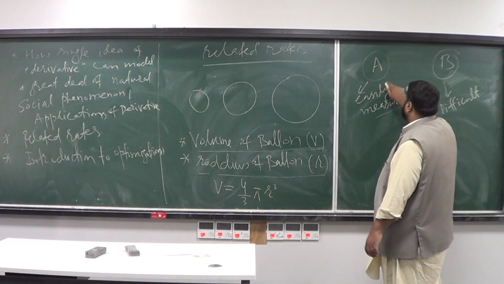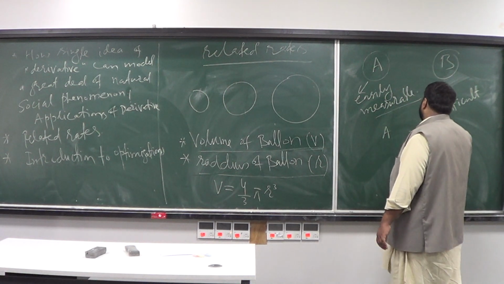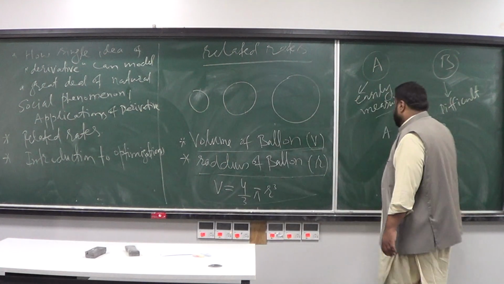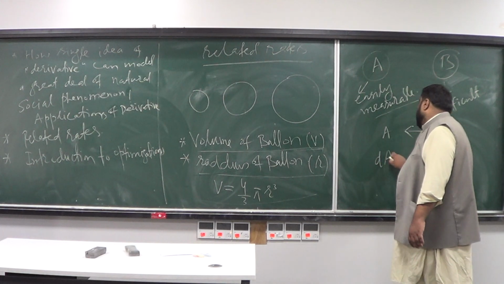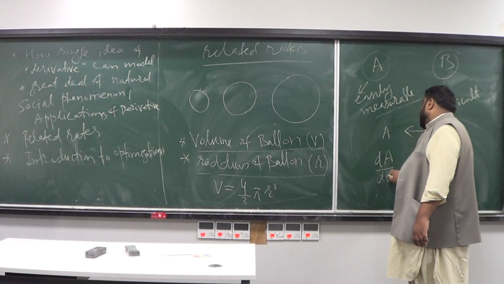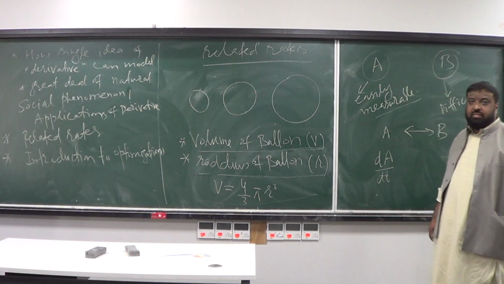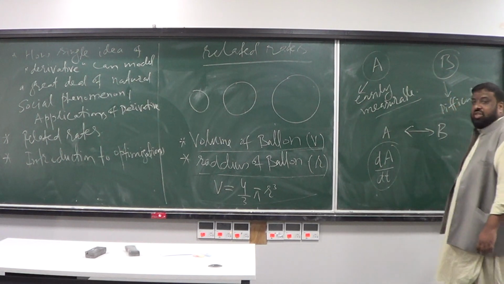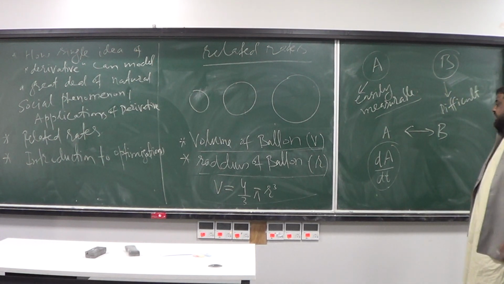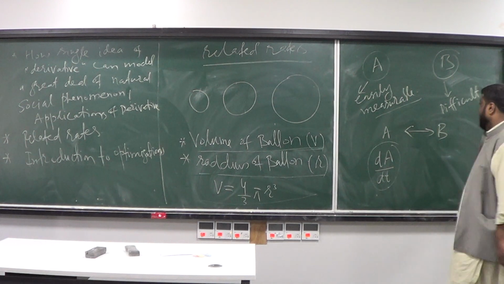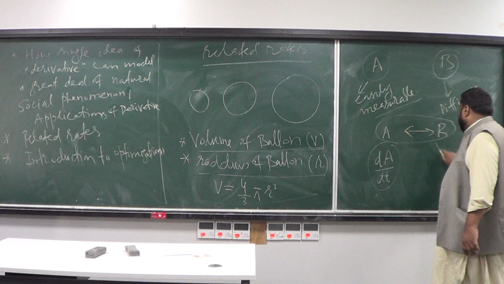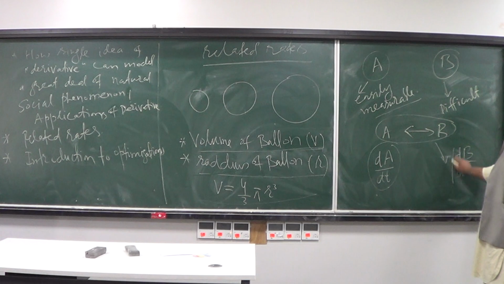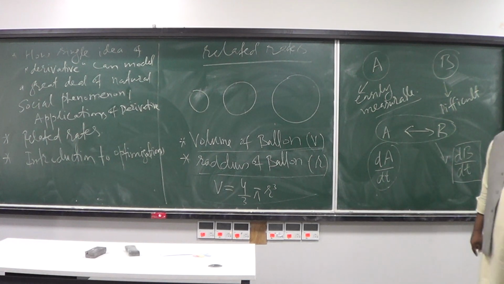Now, if you know how A and B are related with each other through some formula, and you know how A is changing over time or over the independent variable, then using this rate of change of the easily measurable quantity and this relation, can we compute the rate of change in the quantity B, which is difficult to measure directly through experiments?